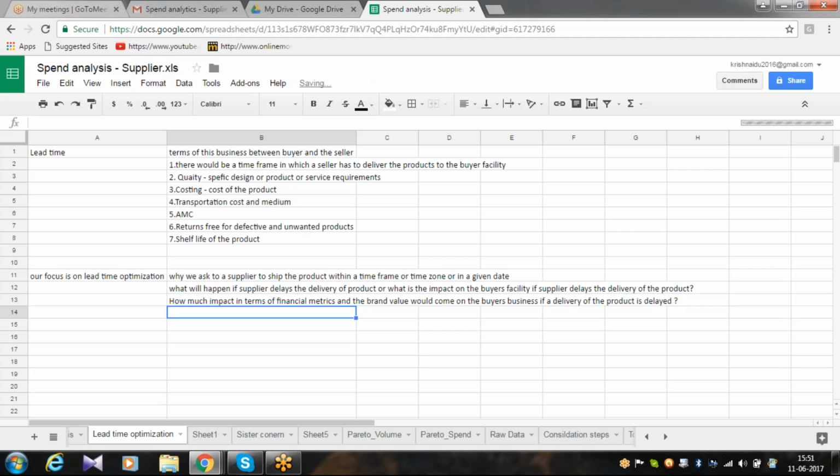Now the next question is, what are the mitigation measures or other channels to be employed to minimize the delivery risk from the supplier?